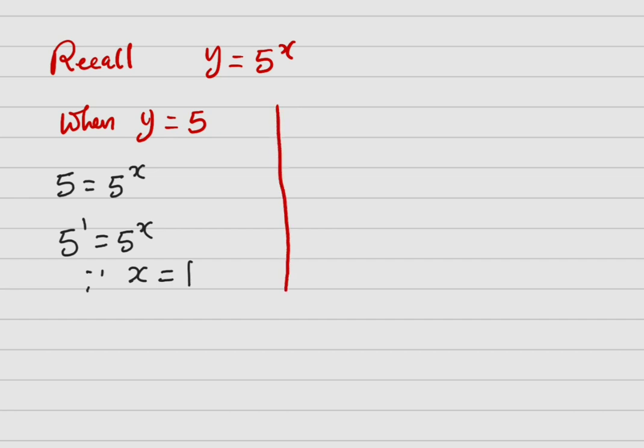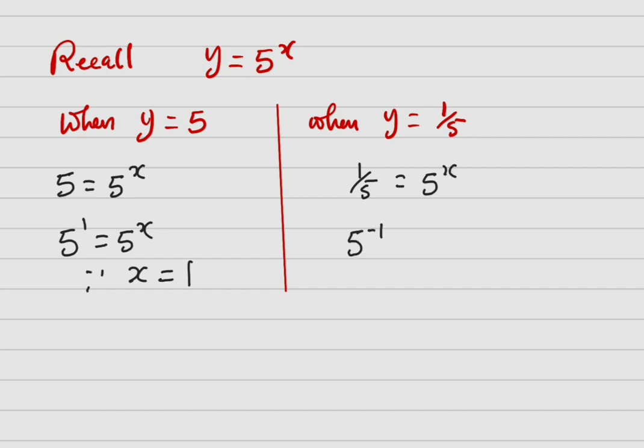Then the next solution is when y is equals to 1 over 5. What we are going to have is 1 over 5 is equals to 5 raised to the power x. So that we have 5 raised to the power minus 1, yet again from the negative power law, which says that if I have x raised to the power minus n, it is going to be 1 over x raised to the power n. So it is vice versa.